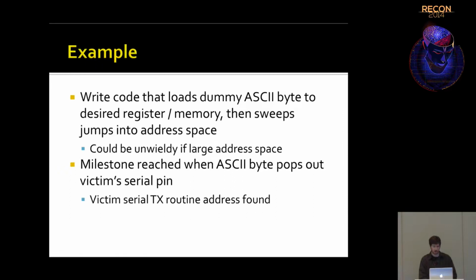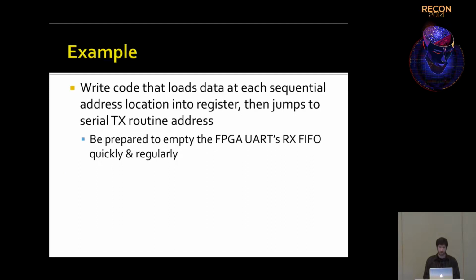Because in this case, I was able to hit the serial transmit routine's address. I knew where it was because all of a sudden my byte popped out, the byte that I specifically sent in. So now you're getting really close. All you have to do is write code that loads data at each sequential memory location into a register, then you jump to your known serial transmit routine.